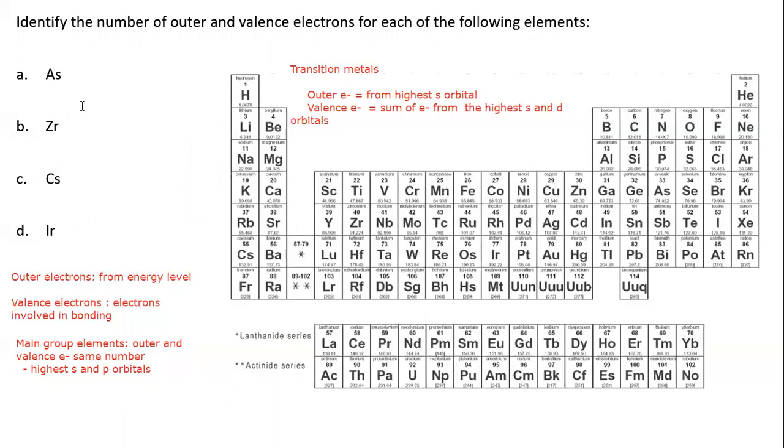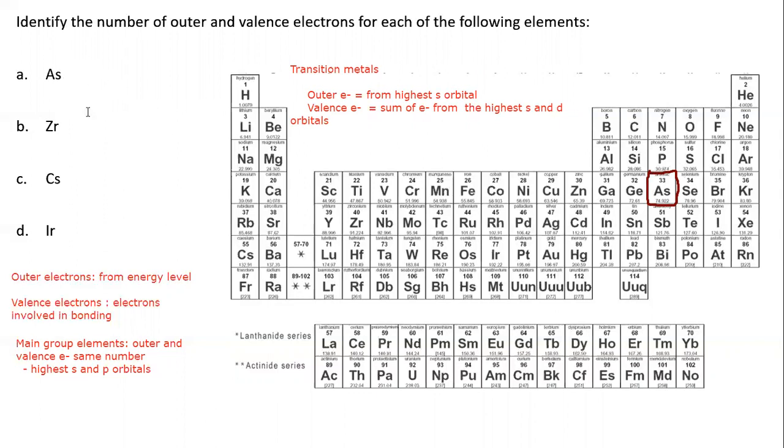So for arsenic, and also for main group, the group number tells you the number of valence electrons as well. For arsenic here, it's in group 5A or 15. It would have 5 valence electrons and 5 outer electrons.